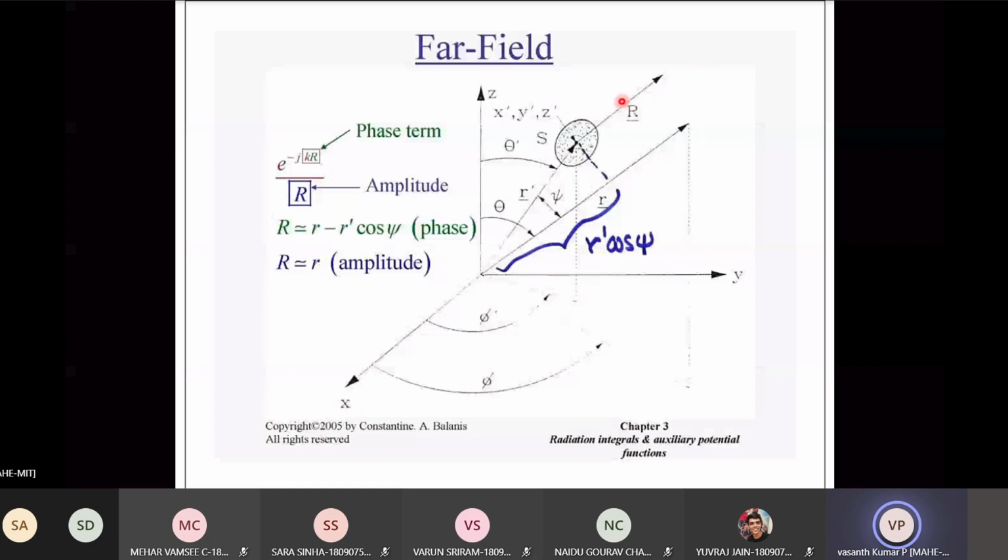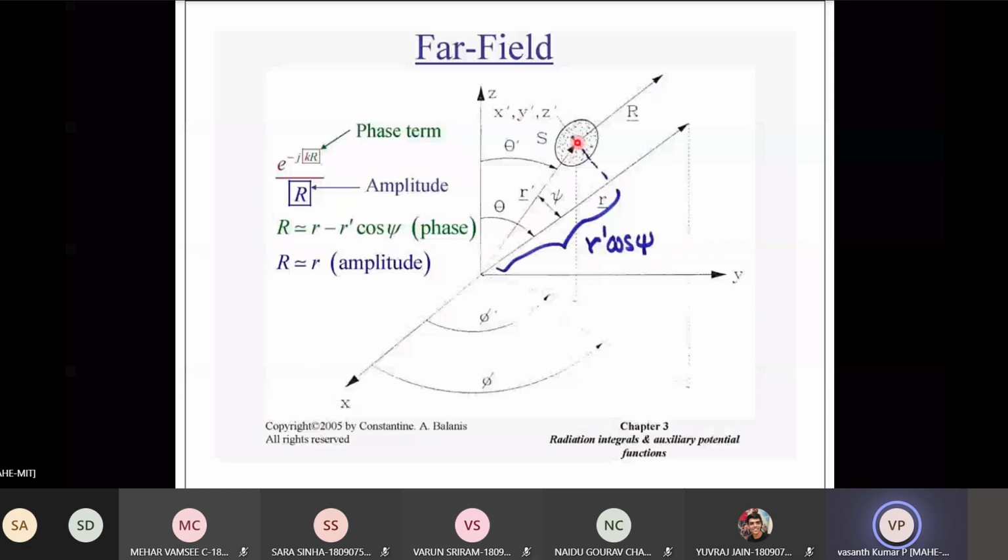But in the phase term, the difference is r minus r dash cos psi. So this cannot be ignored, because for even a small r dash, you may have so many wavelengths of the wave.